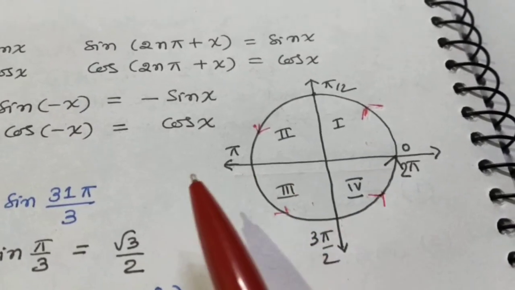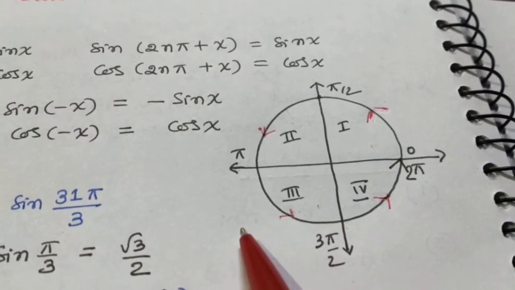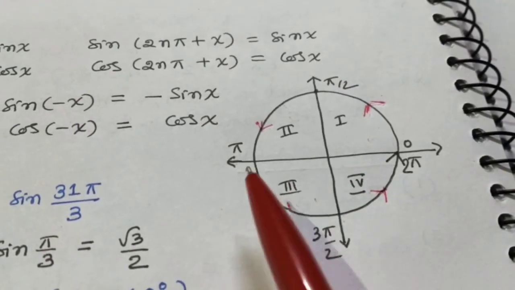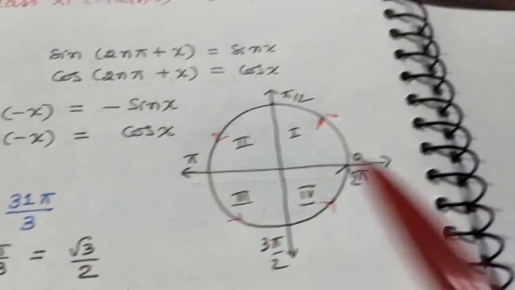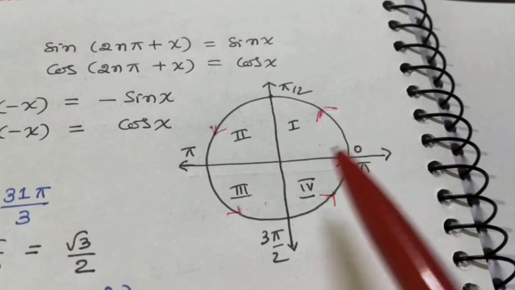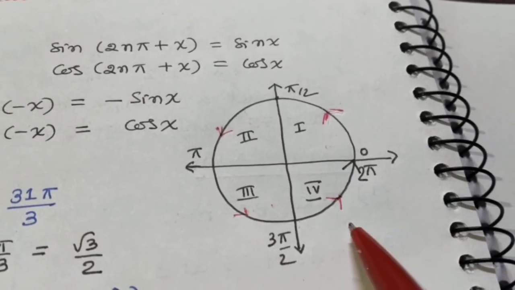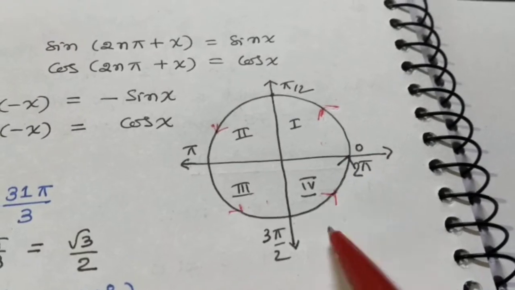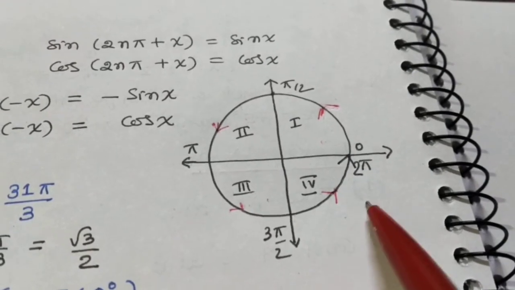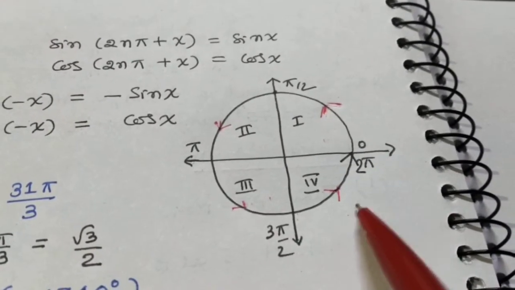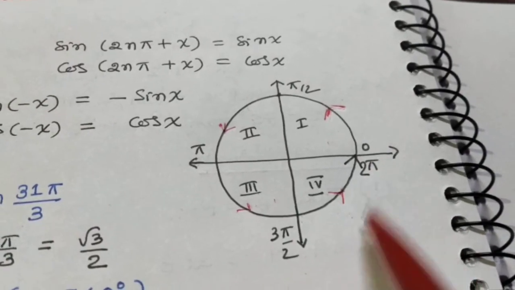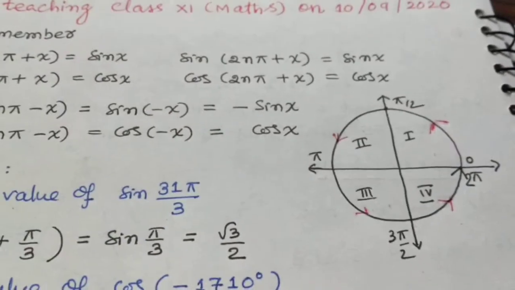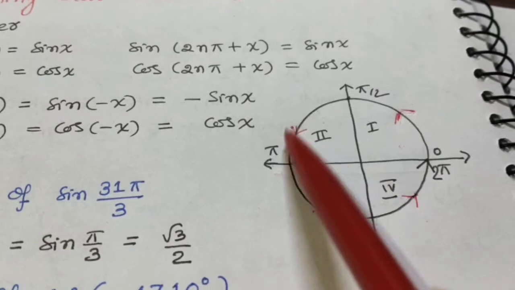As a result, tan will be positive, cot will be positive, but sec will be negative and cosec will also be negative. And in the fourth quadrant, sine will be negative but cos will be positive, and accordingly other trigonometric functions will have corresponding signs, depending on sine and cos. You can calculate that. So these are the quadrants.